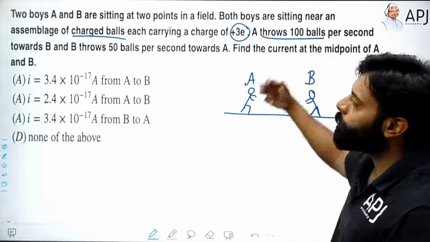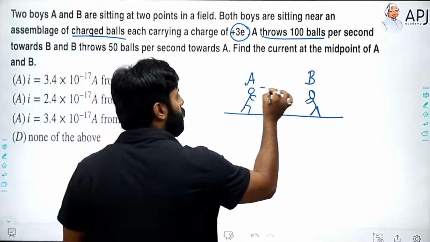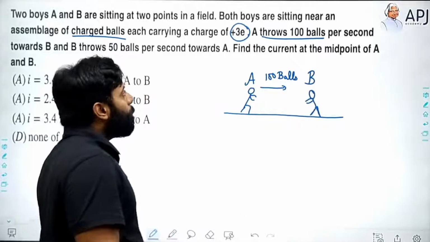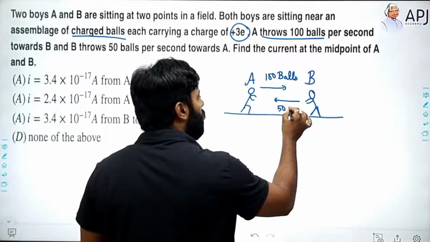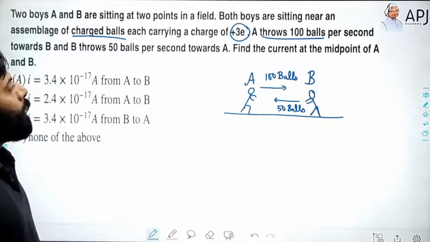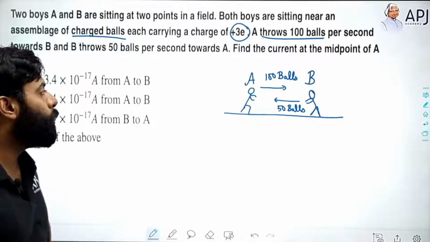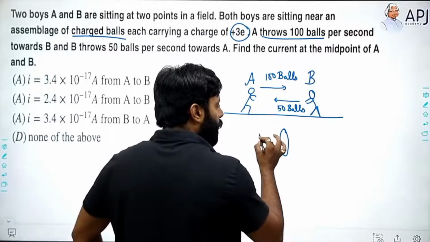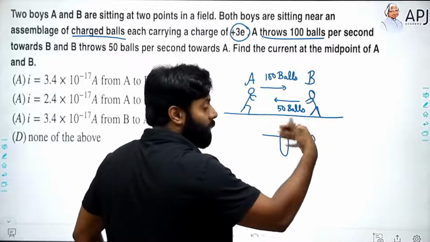A throws 100 balls per second towards B, and B is throwing 50 balls per second towards A. You have to find out the current at the midpoint. Per second is already given to you. So at the middle, 100 positive charges will be going in this direction per second.